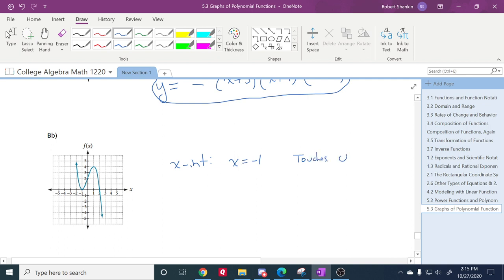So it must have, oh, not odd, even multiplicity. And then look at the other one. x equals 2. There it crosses. So it must have odd multiplicity.